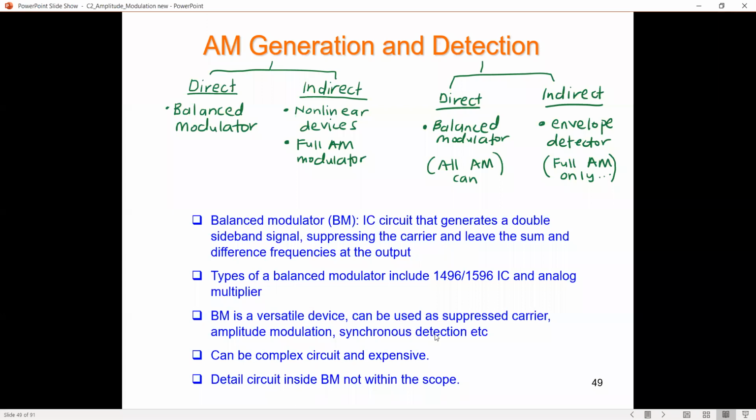Detection that uses a balance modulator is known as synchronous detection. But it can be complex and expensive. That's why we also teach about the indirect methods. They are less complex. But the detailed circuit inside the balance modulator is not within the scope of our course.